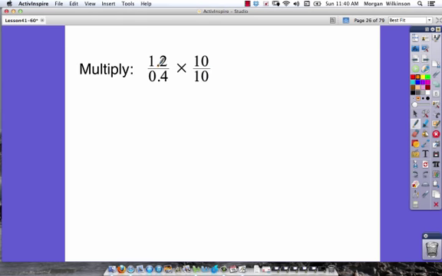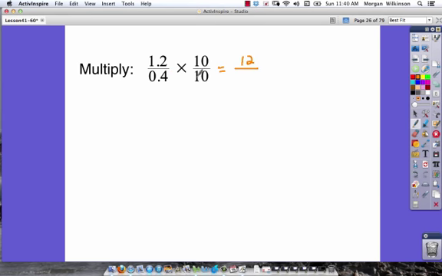Alright, here we're multiplying a fraction times a fraction equal to 1. So we can write our fraction bar off to the right to begin with. And 1.2 times 10, well, 10 has 1 zero, so we're going to have to move the decimal point over 1 to the right. It gets bigger because we're multiplying by 10. We're going to get 12.